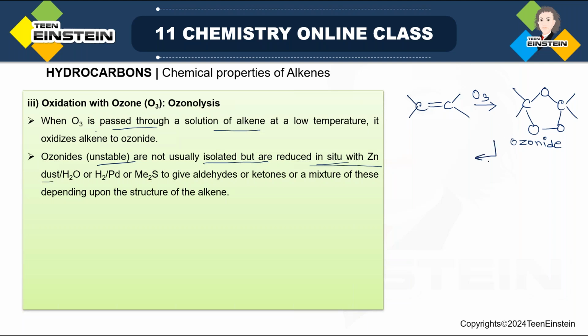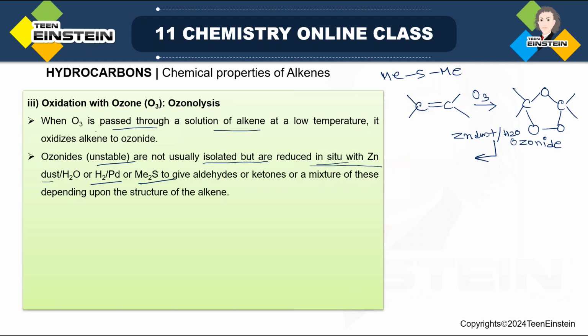So either you add zinc dust in presence of water, obviously, or you use some H2/Pd. This is also another type of reducing agent, or you can use dimethyl sulfide, that is Me2S. So all these are examples of reducing agent. You can use any of these. Mostly you will see zinc dust, water, or Me2S is used.